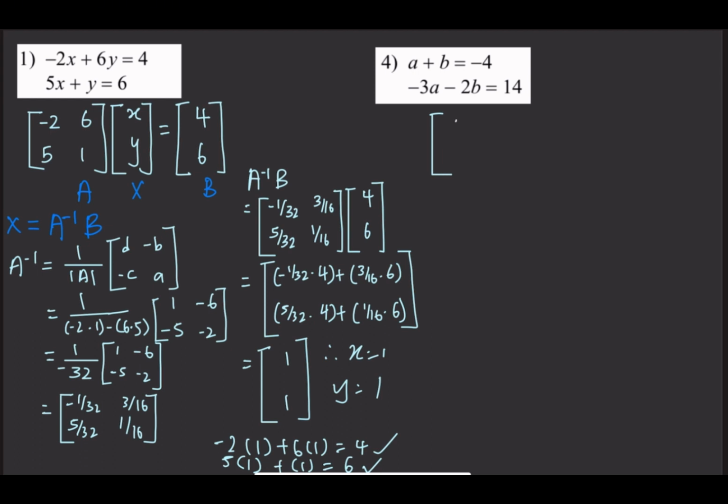But anyways, let's continue. For A, we get the coefficient of A: 1, negative 3. For B, we get 1, negative 2. Just so you know, it works for every other variable. So regardless of whether it's A, B, x1, x2, it doesn't matter.